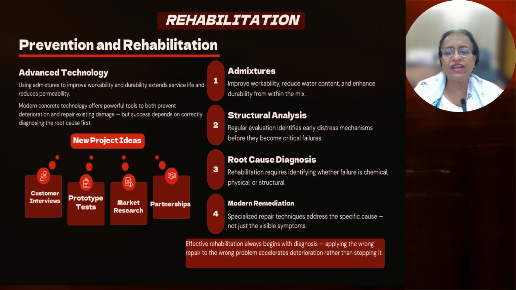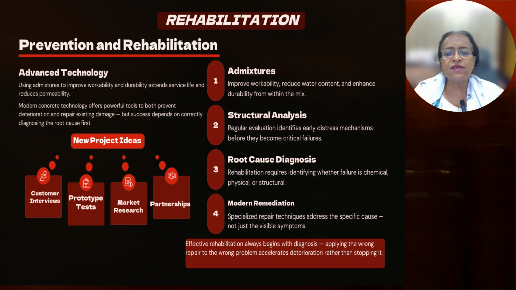Cover meter locates reinforcement. Half cell potential testing helps assess corrosion activity. These technologies allow engineers to understand the structure before recommending repairs. Only after diagnosis do rehabilitation strategies begin.